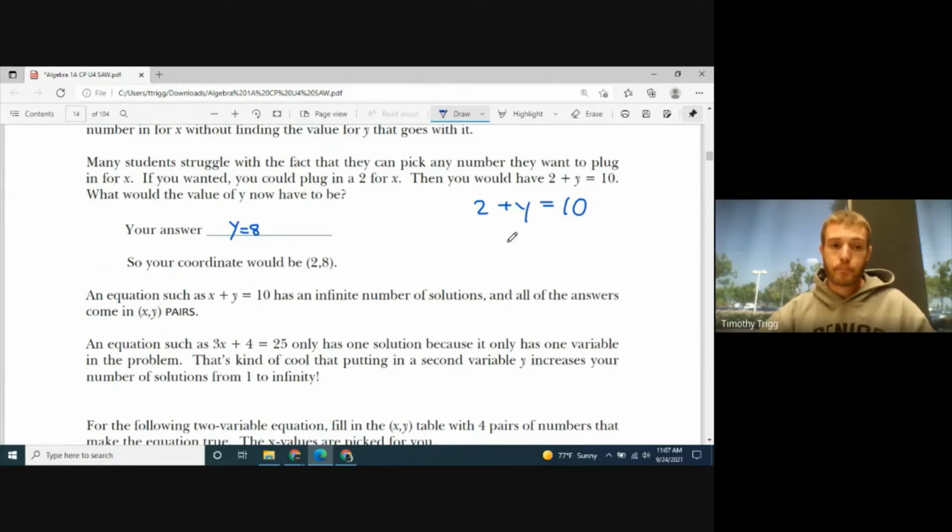But there's another way we can solve this as well. We could just subtract 2 from both sides of the equation to get y by itself. That'll give you that y equals 8. So sometimes you can just look at it and figure out, okay, well, 2 plus 8 gives you 10. So y is 8, sure. Or you could solve it like we've done before by getting that variable by itself. So in this case, subtracting 2 on both sides of the equation.